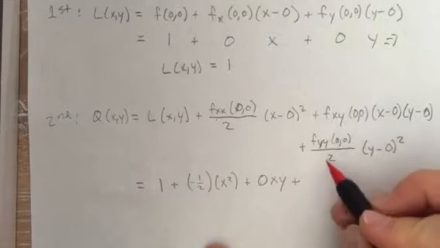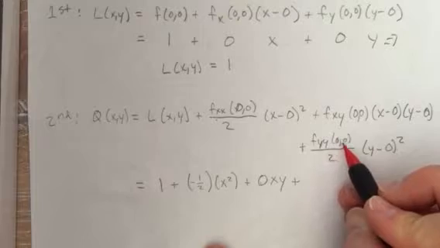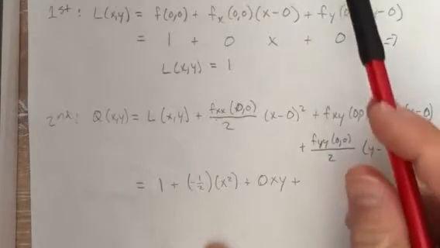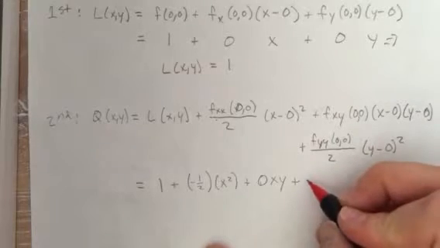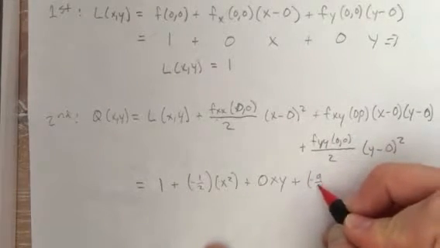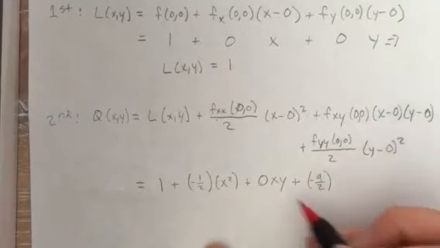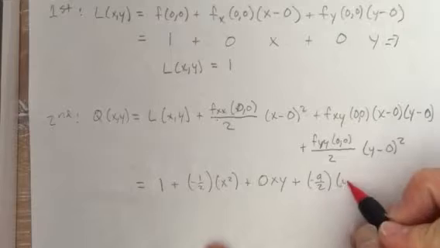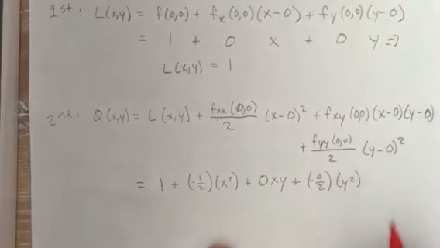And then plus your fyy at 0, 0 over 2. Fyy is negative 9, so over 2 you're going to get a negative 9/2. And then same thing as before with the y minus 0, which is your y1 squared, you'll end up with a y squared.